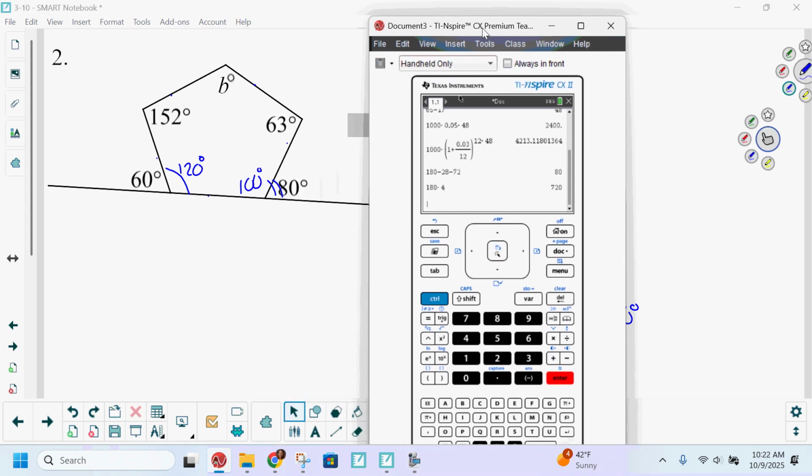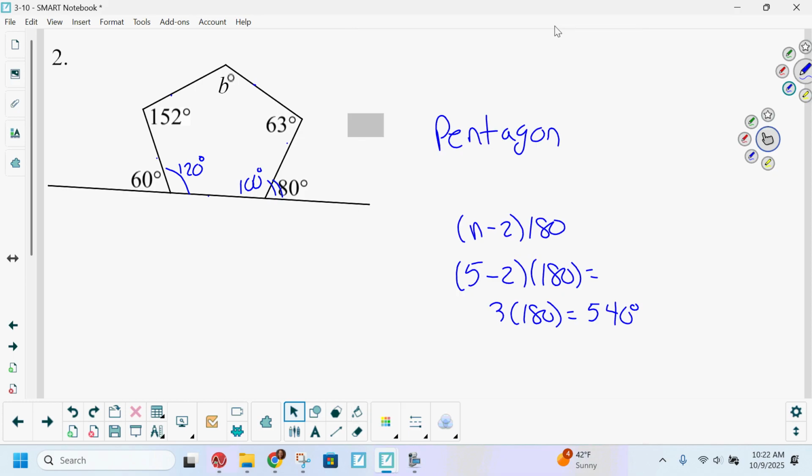So I have 120 plus 100 plus 63 plus 152. I got 435. So 540 minus 435. So angle B must be 105 degrees.